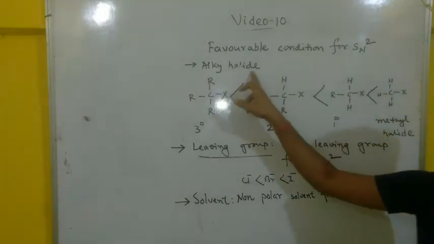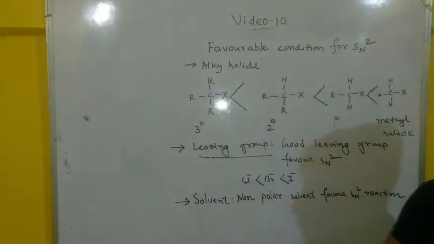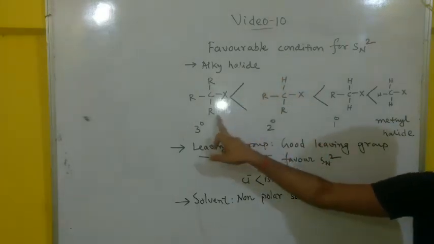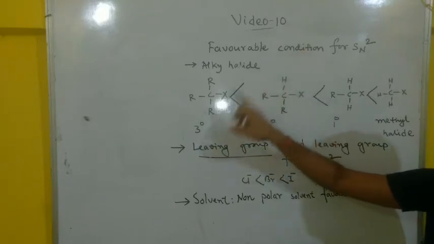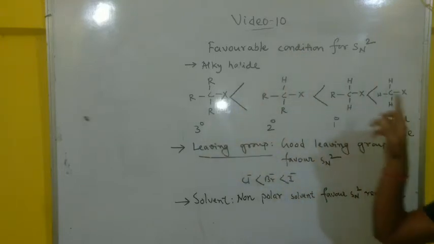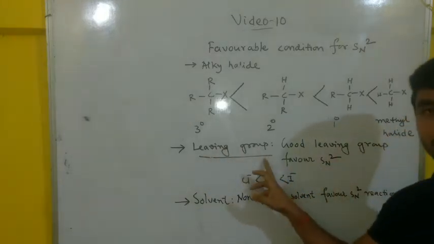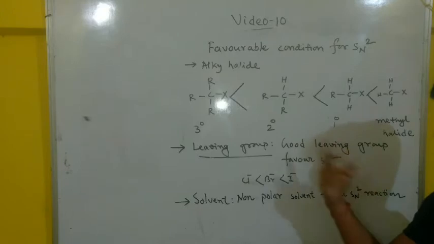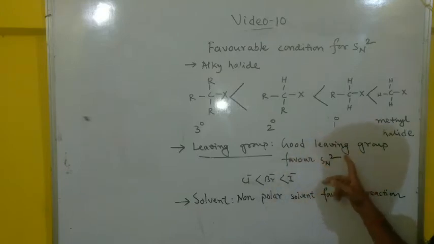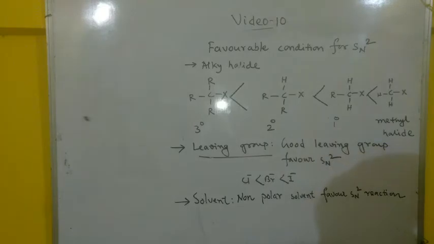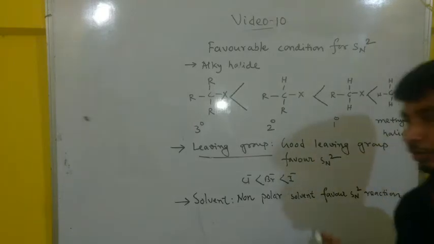Here the alkyl halide order is opposite to SN1. In SN1, 3 degree is most reactive, but in SN2, 3 degree is least reactive and methyl halide has the highest reactivity. SN1 and SN2 both are favored by a good leaving group, and non-polar solvent favors SN2 reactions.